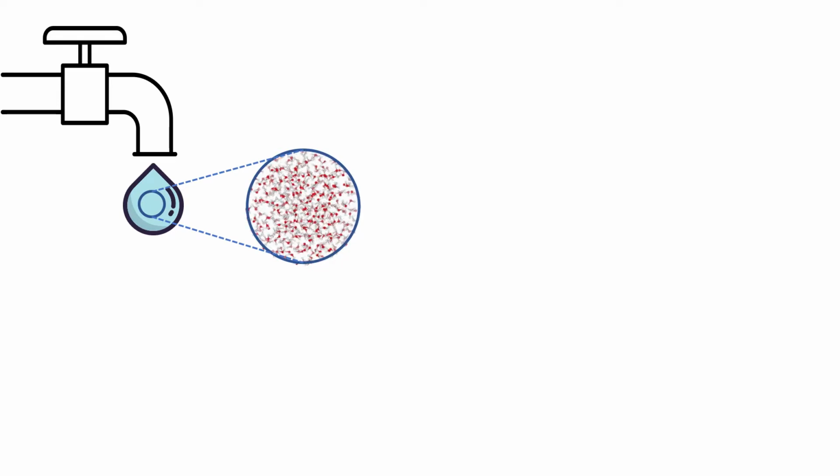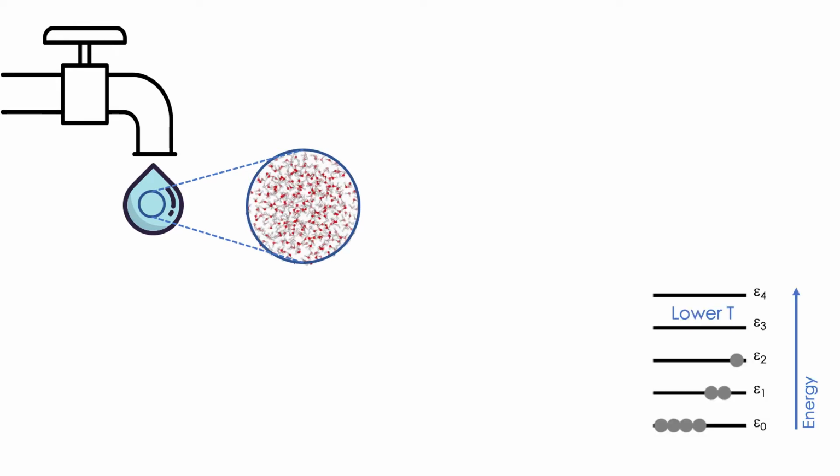As a consequence of this movement and interactions, these molecules are in different energy levels. And usually, we assume that those levels that are more populated are those with less energy.